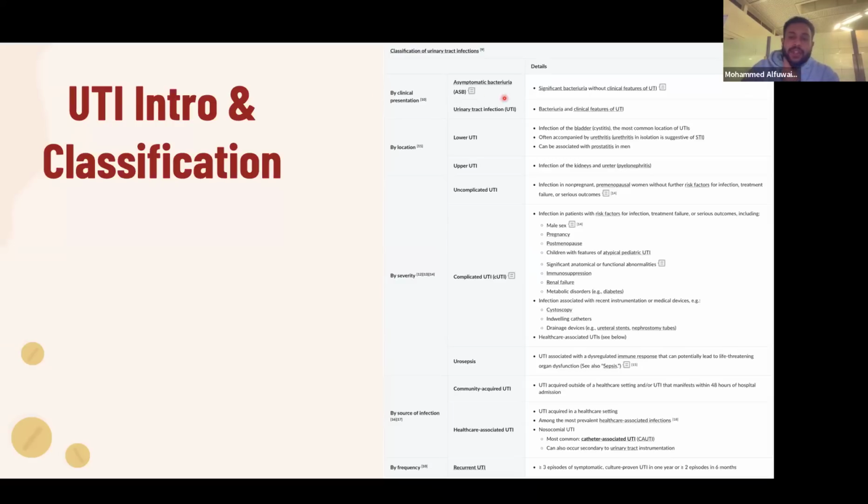Now UTI itself will cause the symptoms of UTI. So if a patient has lower urinary tract symptoms such as dysuria, clouded urine, for example, with no abdominal pain or flank pain, what is this? Just a lower urinary tract infection. That's it.